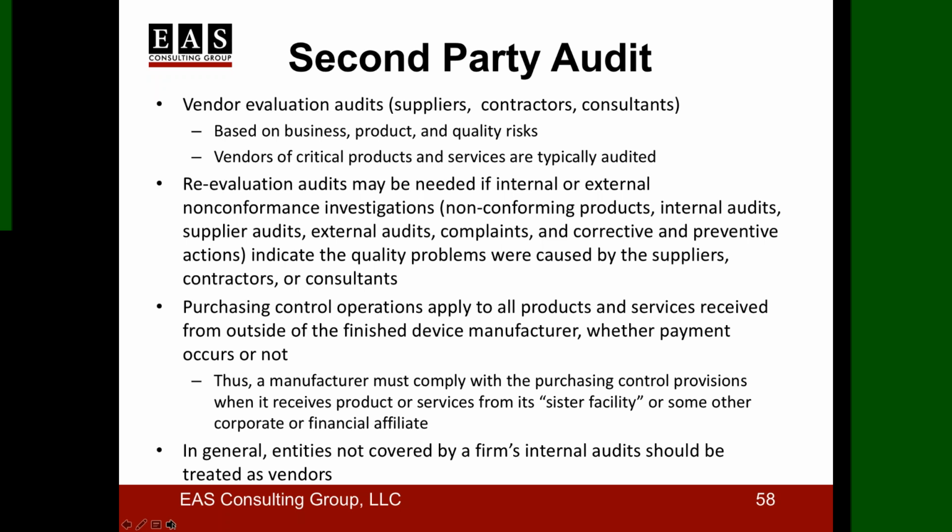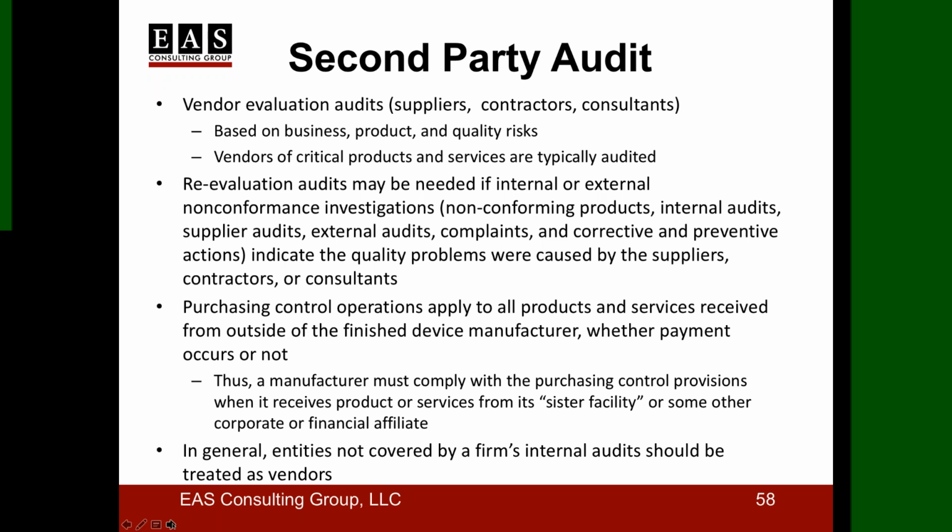A finished medical device product by FDA is a product that can be used as is, i.e., per what's in the 510K or the PMA, minus packaging, labeling, and sterilization. So if you don't have that, then it's up to each company to figure out what type of requirement these suppliers, contractors, and consultants have to meet.